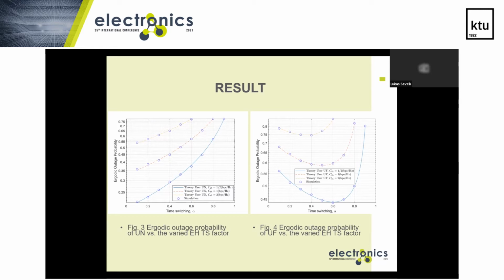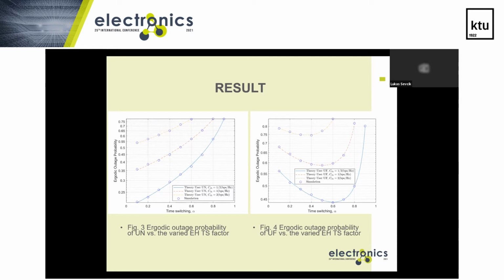Specifically in figure 3, the ergodic outage probability is highest at alpha 0.6 for C2, 0.8 for C1, and 0.9 for 1/2.